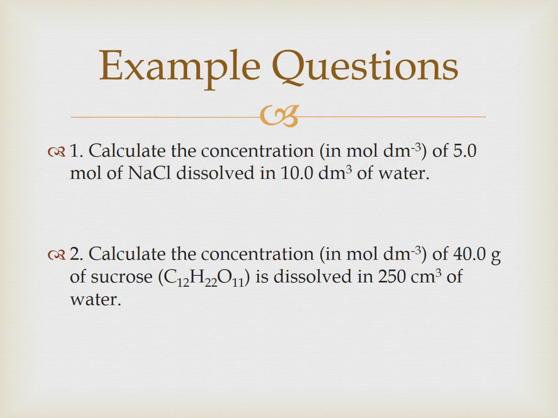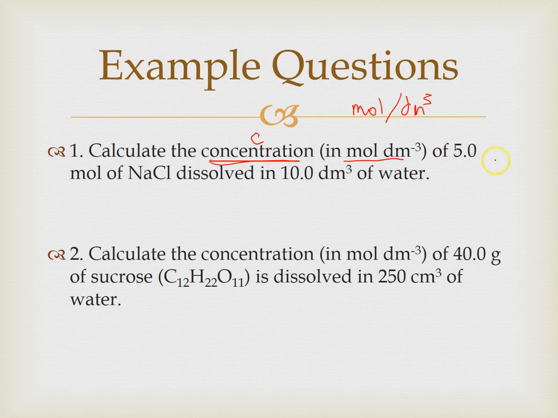Let's have a look at a couple of questions. You should have done these ones already, but let's just get them done here. If we calculate the concentration, this means that we're looking for C and we're told it's moles per decimeter cubed. The units are telling me what I need to do: I need to take my number of mole and divide by my decimeters cubed.